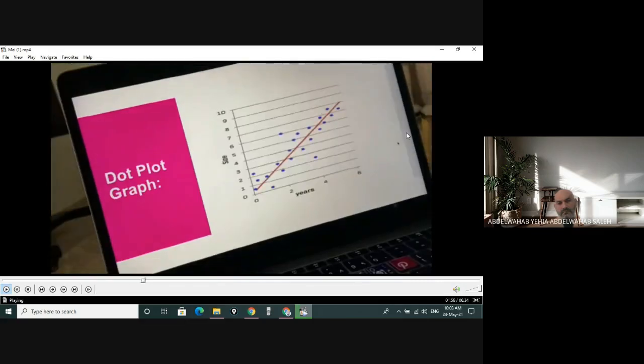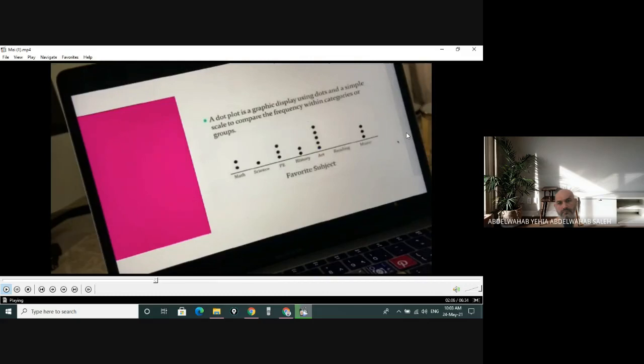As you can see here, we have a dot plot graph of a random sample, which includes random digits as well. A dot plot is a graphic display using dots and a simple scale to compare the frequency within categories or groups. So here we have a real-life example, which talks about students' favorite subjects.